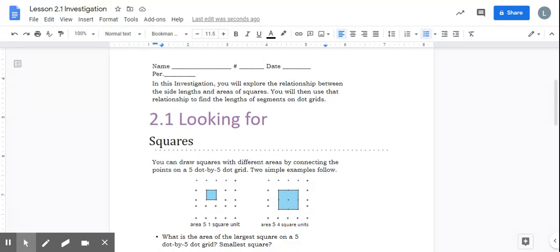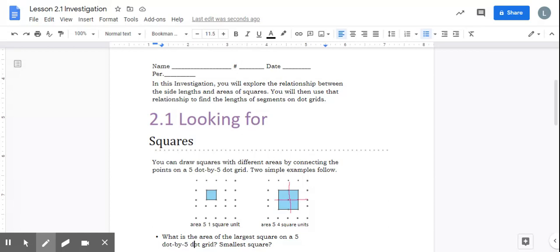So if you look here at the example on our 5 dot by 5 dot grid, this one little square is 1 square unit. Okay. And then if we go over here to our next square, and I use my drawing tool, and just like we did on the last one, I want to get that down to as small as units as I can.